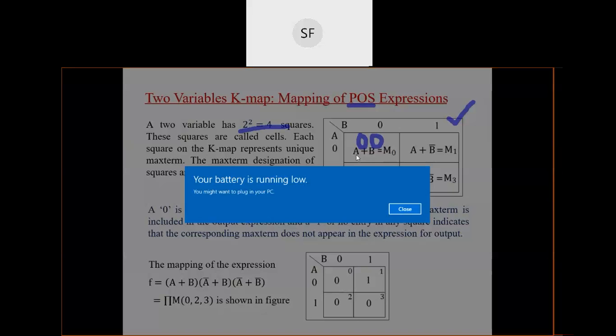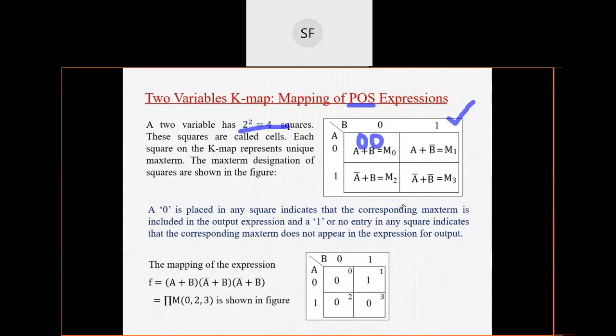But here you have to write uncomplemented form. Okay, so this is a very important difference and you should be aware of it.